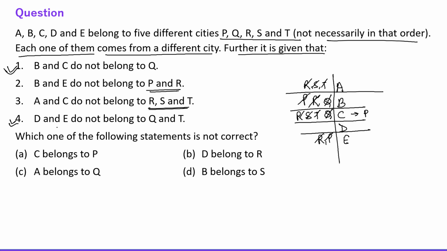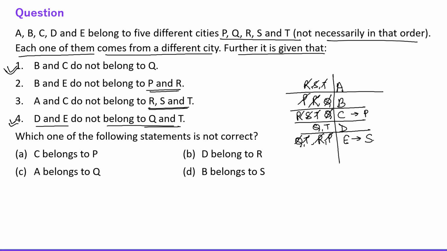D and E do not belong to Q and T. So obviously if E does not belong to Q, T, R, P, then only one city is left, which is S. So E belongs to S.